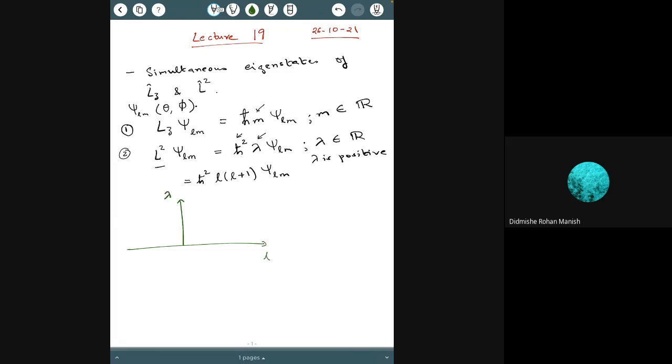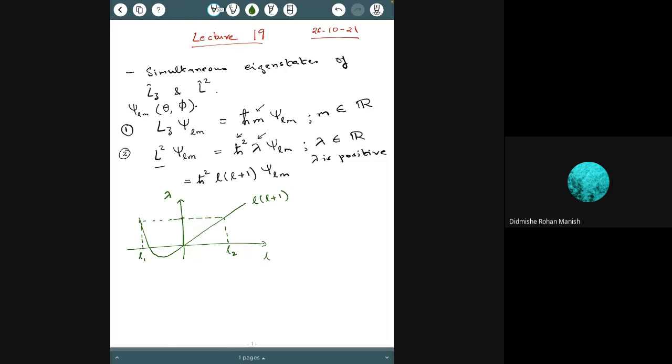Okay. Then the function L into L plus 1 looks like this. This is the L into L plus 1 function. For every value of lambda, you have two values of L, one negative and one positive typically.